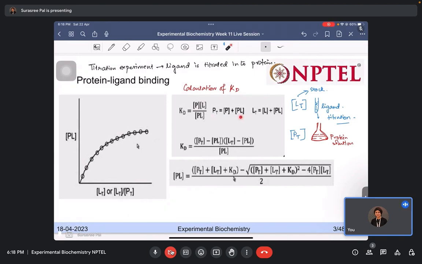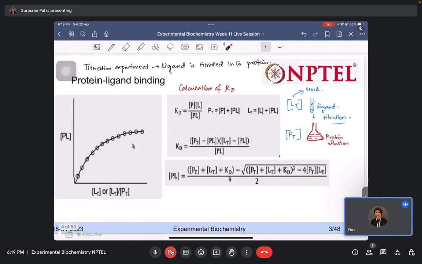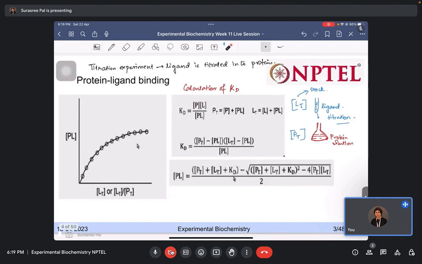We know that total protein concentration is free protein plus protein-ligand complex. Again, the total ligand concentration is the summation of free ligand plus protein-ligand complex. These we can now put into this equation.